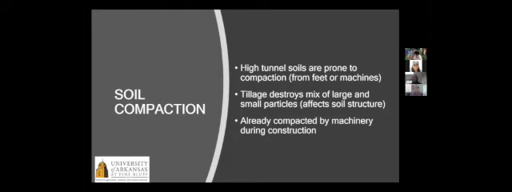The soil structure relates to how the particles are held together. So you keep tilling in there, constant tilling, you just destroy that mix of large and small particles. Over time, everything is broken down and your soil becomes easily compacted.